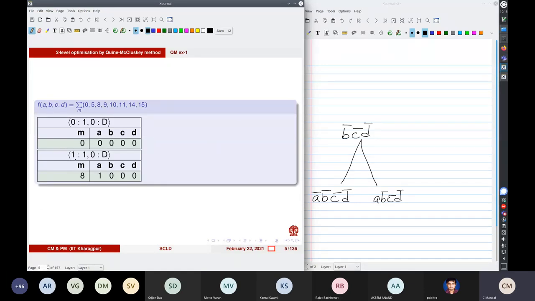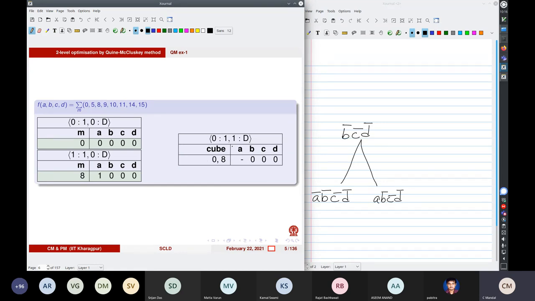This light green just shows that these two are adjacent, and when you join them, this is what you get: b bar, c bar, d bar. And that is also a cube. All of these product terms are called cubes. So that cube can be shown this way. That is the result of joining the two cubes 0 and 8.